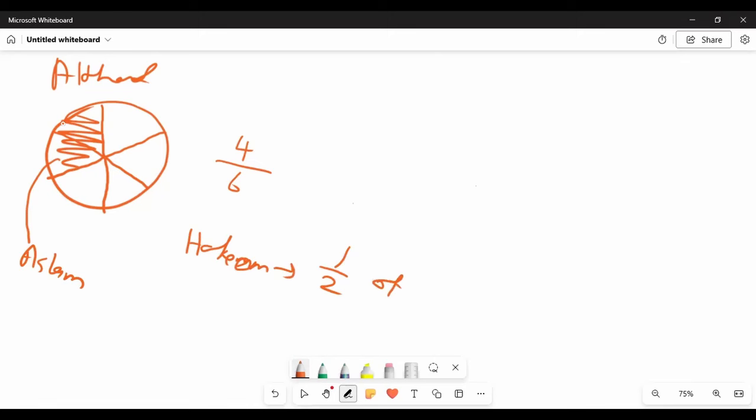What is the remaining he has, Altaf? 4 over 6. Are you all clear with this point? So does this mean Hakim is actually getting half of the pizza? Is Hakim getting half of the pizza? No, there we go. Understood the point? Hakim is getting half of a remaining portion.